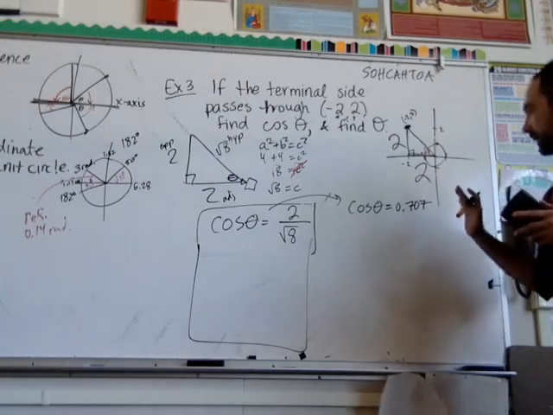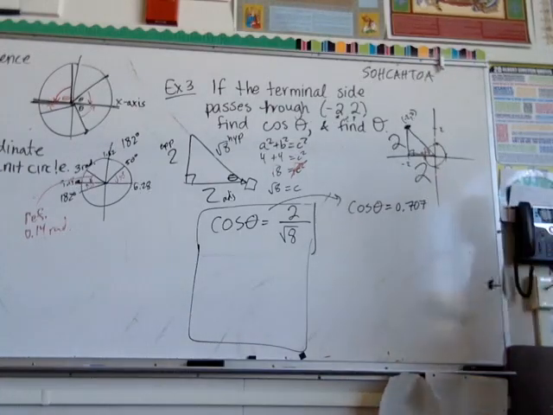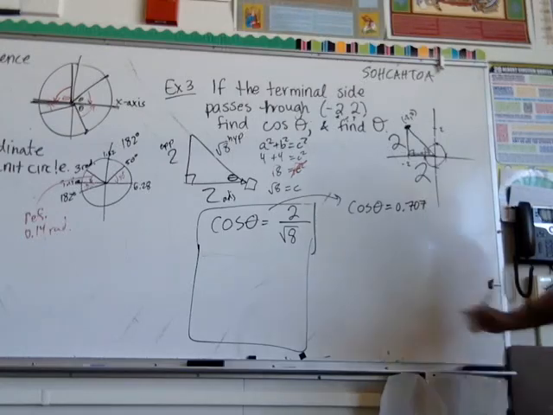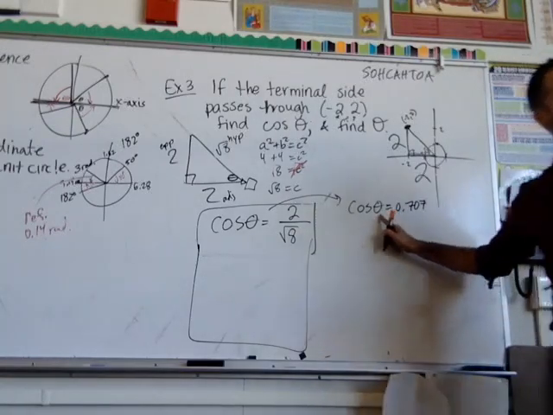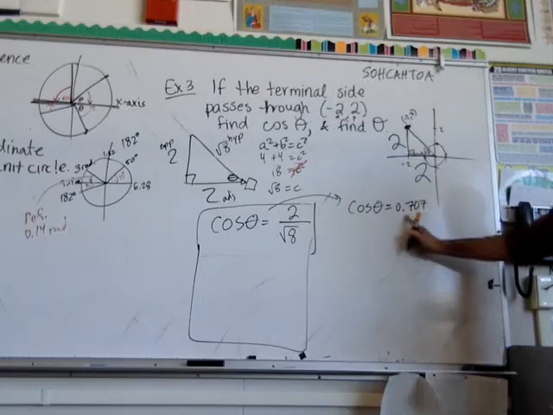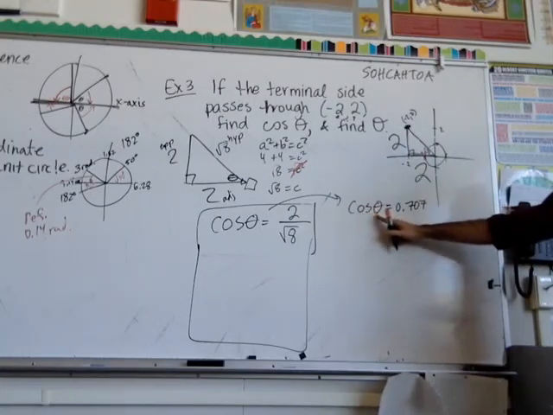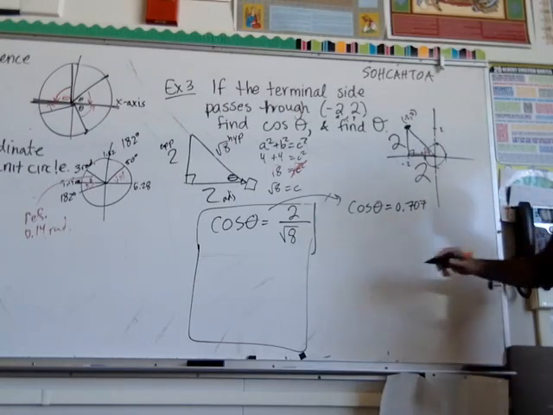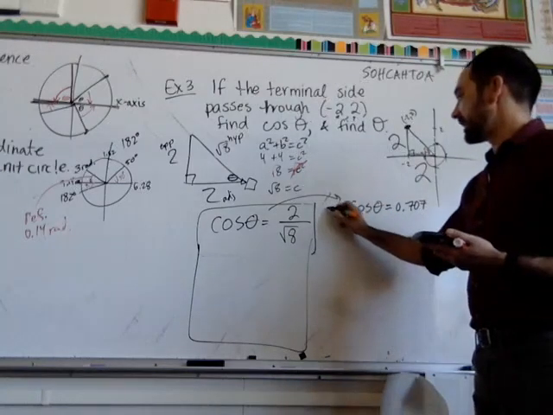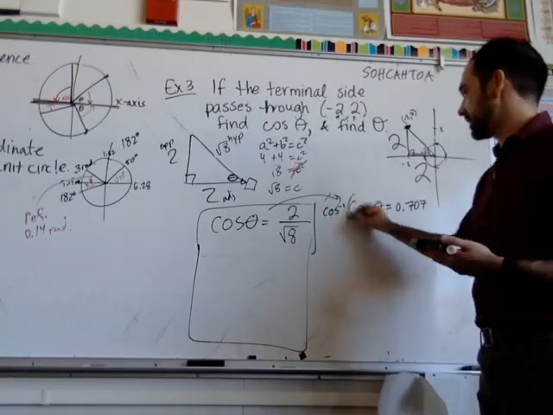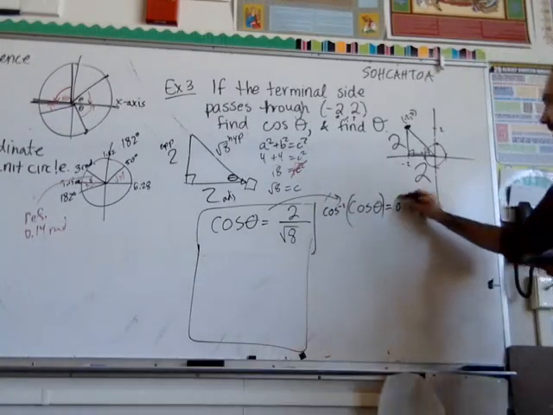So now, when I want to know theta, but I know the ratio already, what do I do instead of the cosine of an angle? I don't know the angle, so I do what instead? Instead of the cosine, I'm going to do the inverse cosine. And essentially, I'm really doing it on both sides.